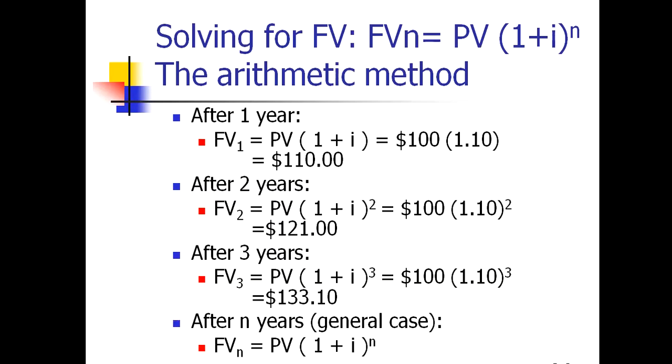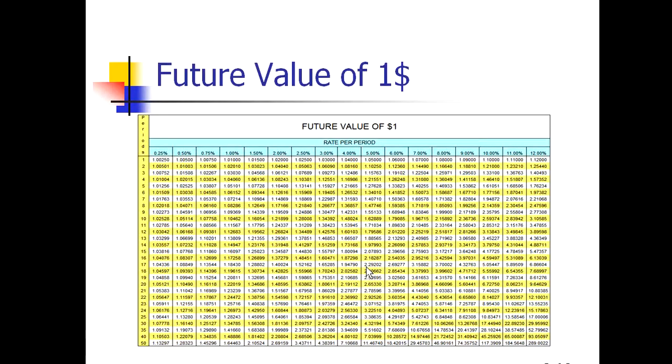After n years, we have to employ this equation, which is future value for n years equals present value multiplied by 1 plus I, which is the rate of interest, to the power of n, which is the number of years. And here we can see the future value table of one amount.